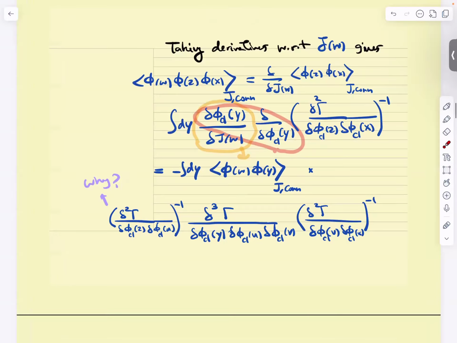Good. Now, again, this gives you a 2-point function. I said this before. The rest of that comes from the following identity that you should know as physicists. Oops, minus sign, very important.